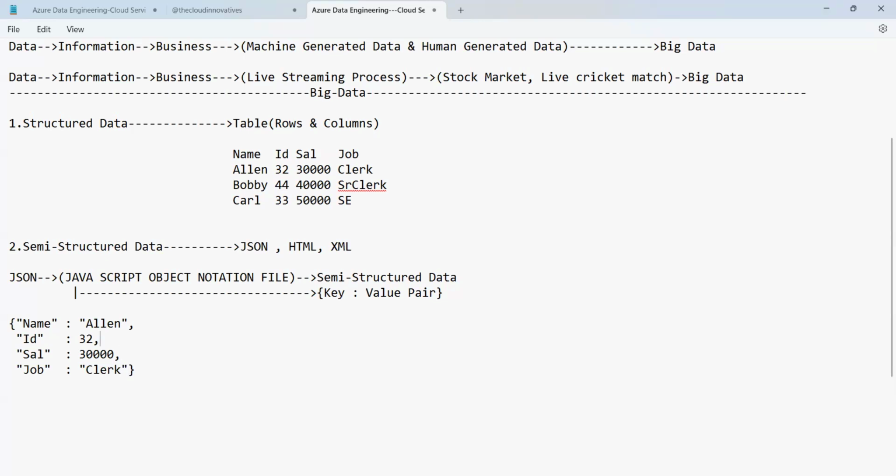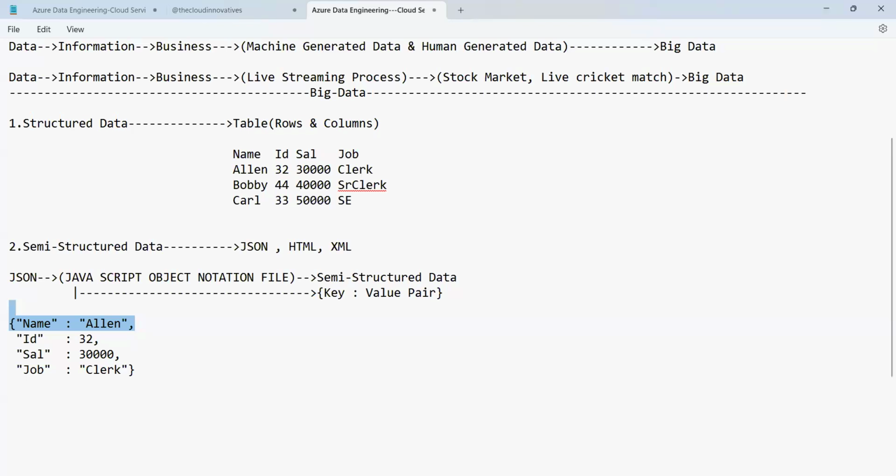So now, can you see here? This is called the key, and this is called the value. Together, both of them are called a key value pair.